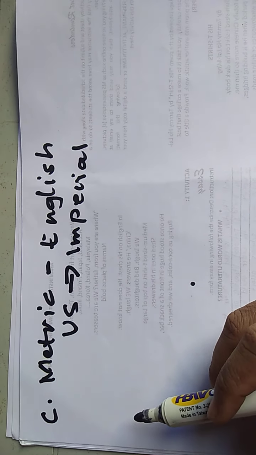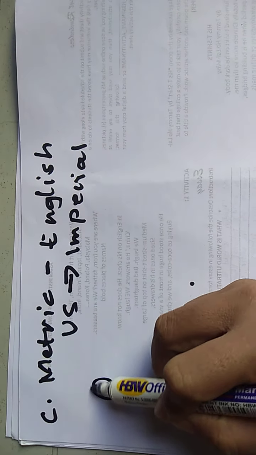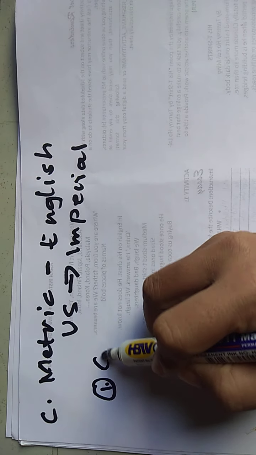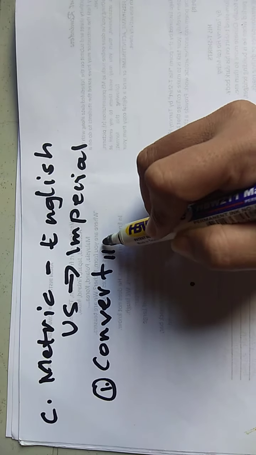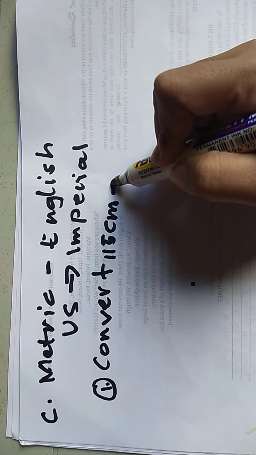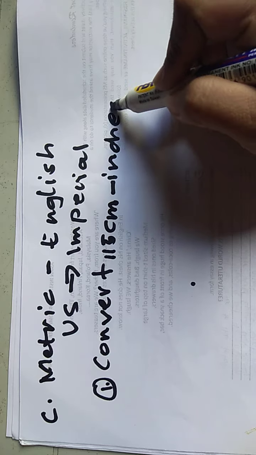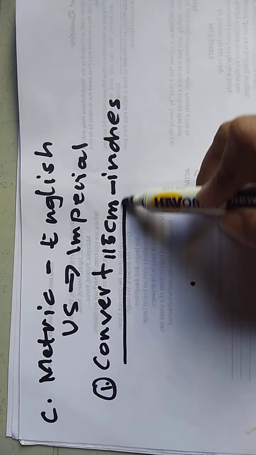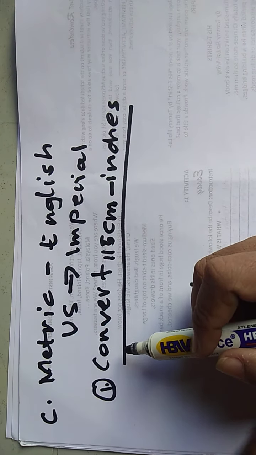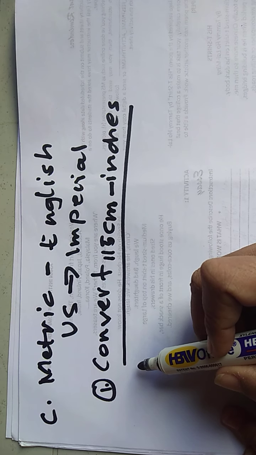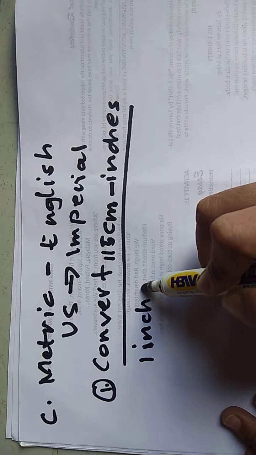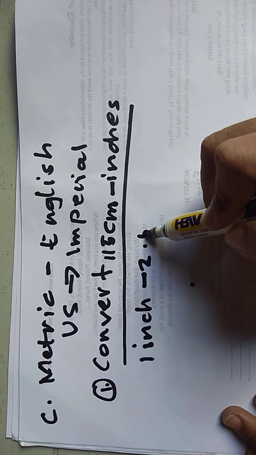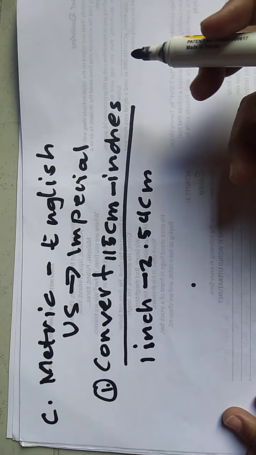Okay? So, as an example, we have to convert 115 centimeter to an inches. Okay? So, yan yung number 1 example natin. And from the rules of converting metric to English or US to imperial, every 1 inch is equivalent to 2.54 centimeter.